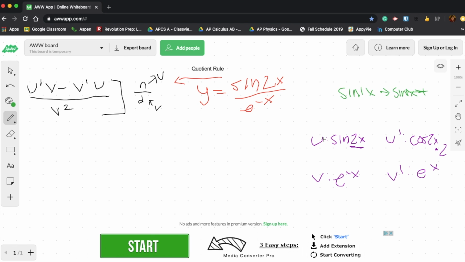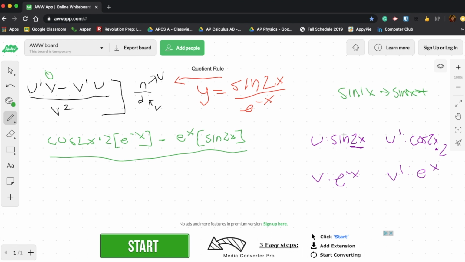Alright, so now that we got all these values, let's plug them into this equation and then just solve. So u prime is cosine 2x times 2. Our v is e to the negative x, my apologies, minus v prime, which is e to the x, times u, sine 2x.